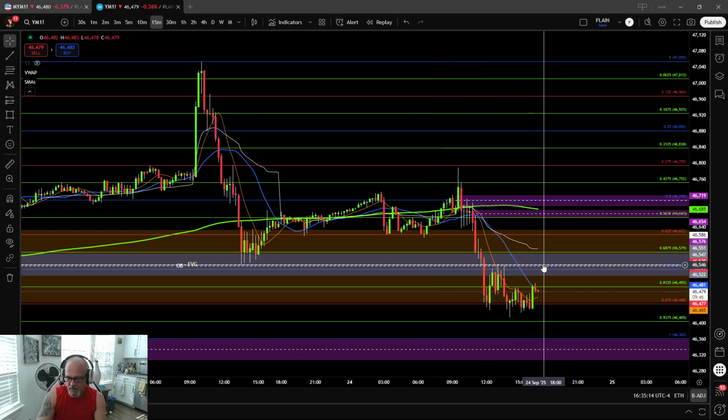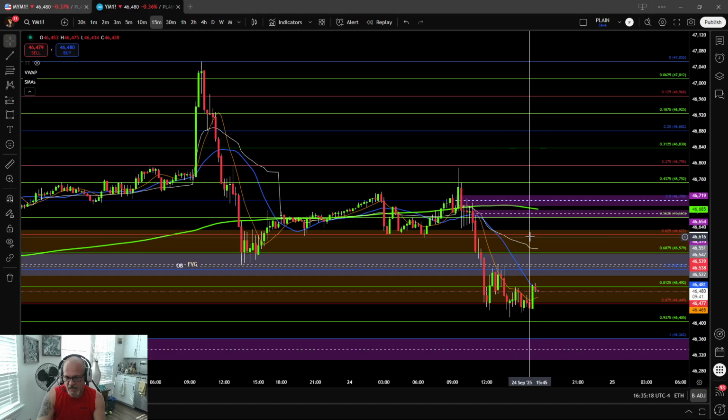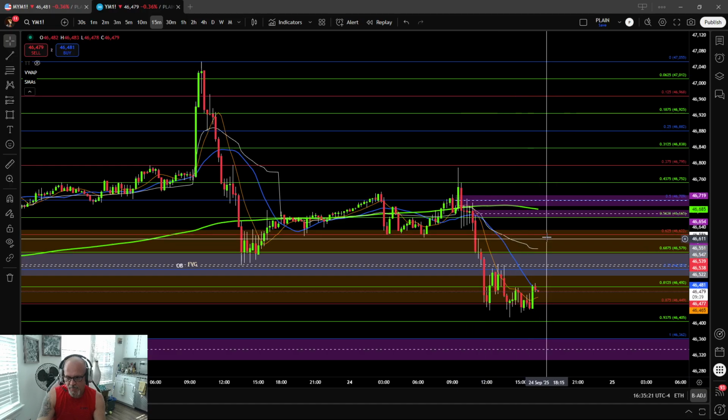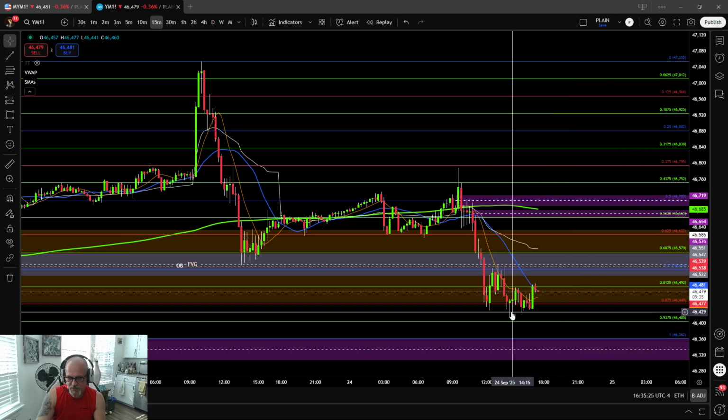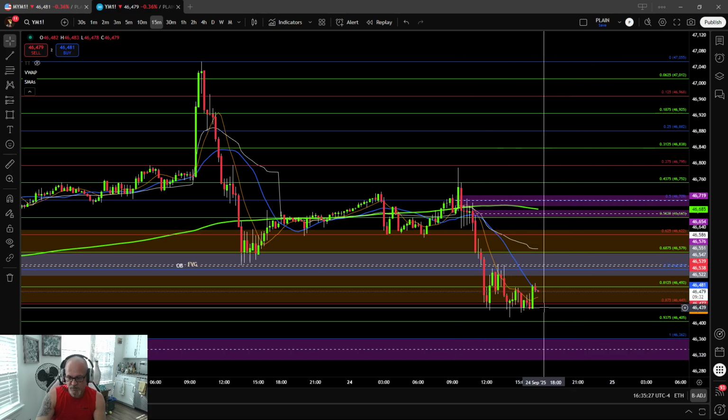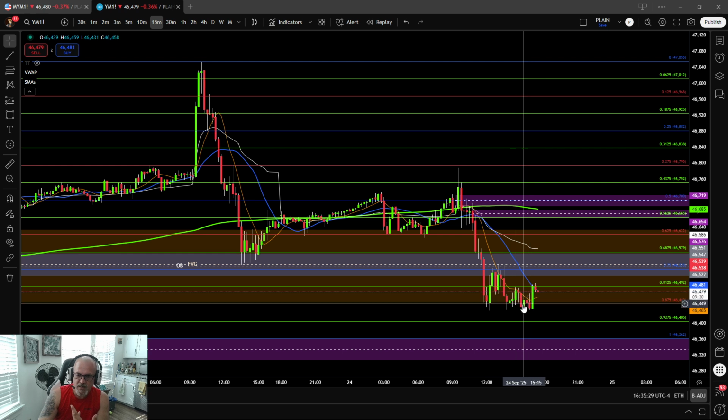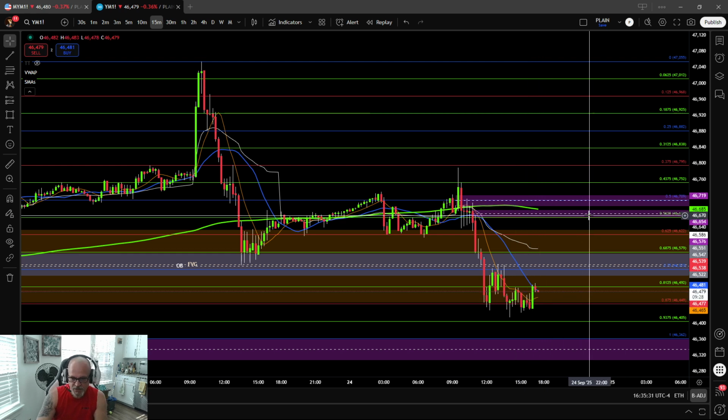Now we could bounce back up and get back into this quadrant again, maybe get up to this fair value gap, and then fall off again and go break the lows. Or this could be the point where we stop and we end up reversing on good news.